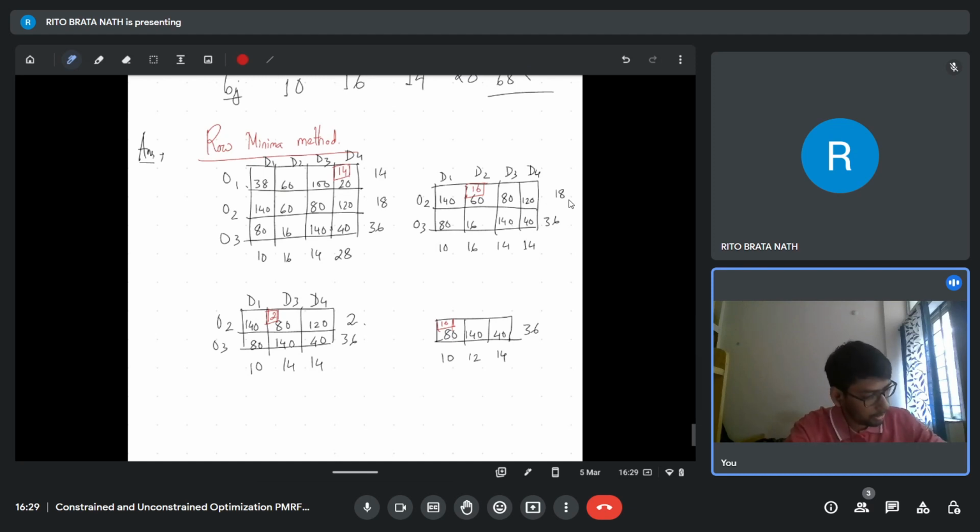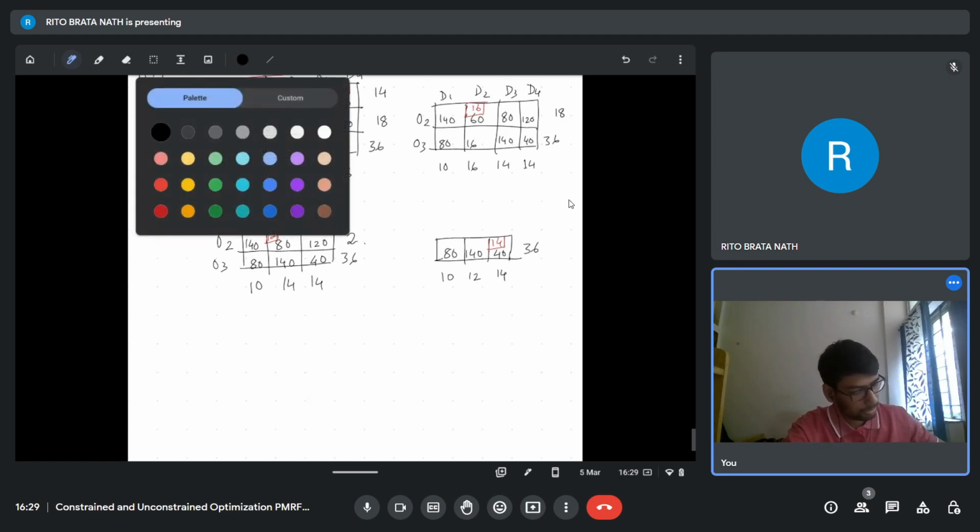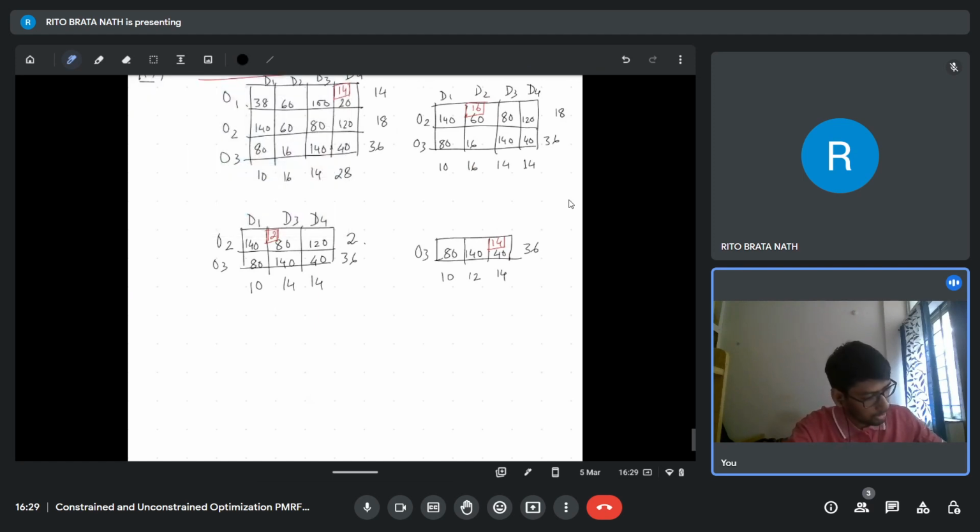Oh no, sorry. I think 40 is the minimum one here. So first you have to allocate 14 here. So you can allocate 14. This is O3. This is D1, D3, D4.